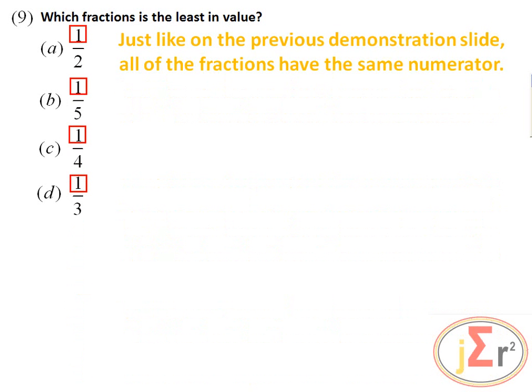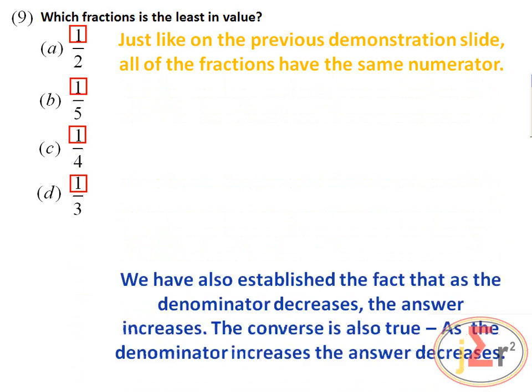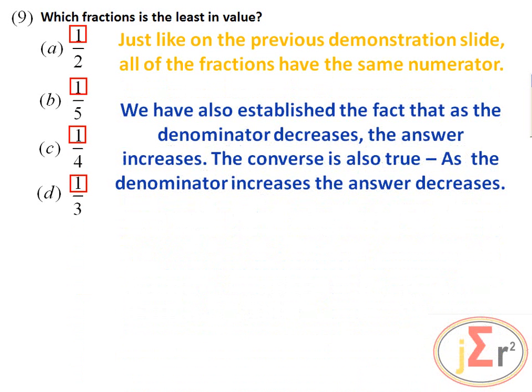Just like on the previous demonstration slide, all of the fractions have the same numerator. We have also established that as the denominator decreases, the answer increases. The converse is also true. As the denominator increases, the answer decreases.